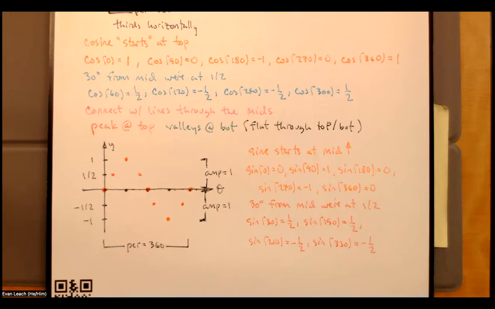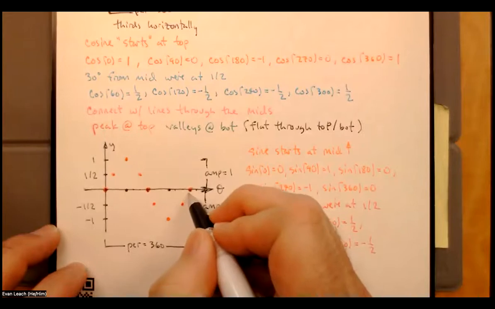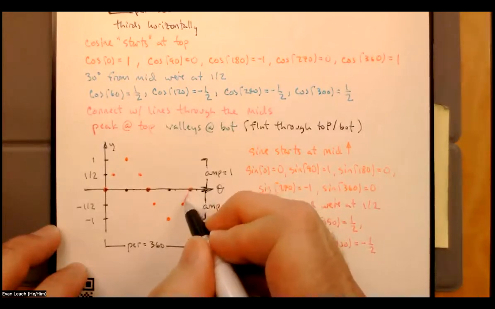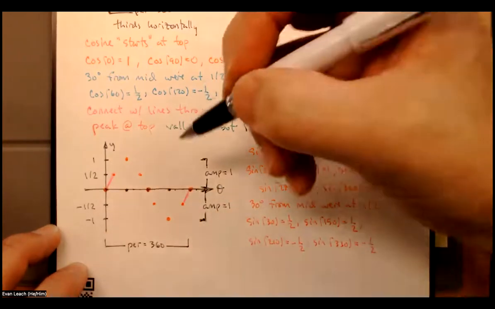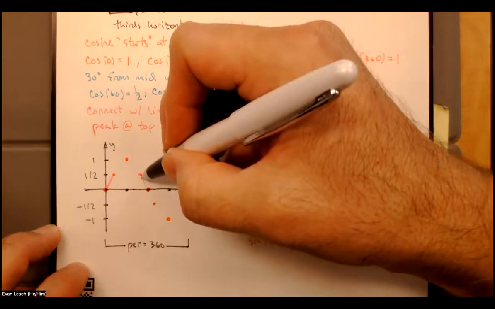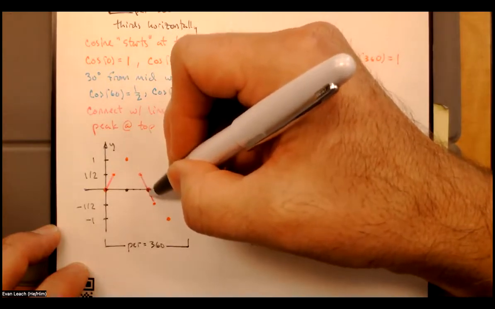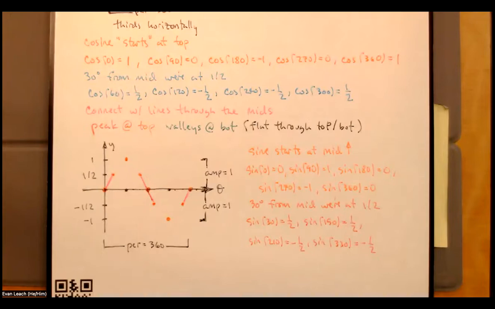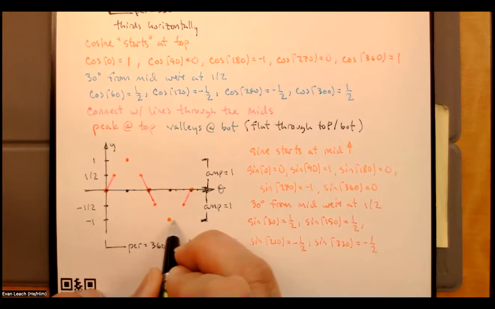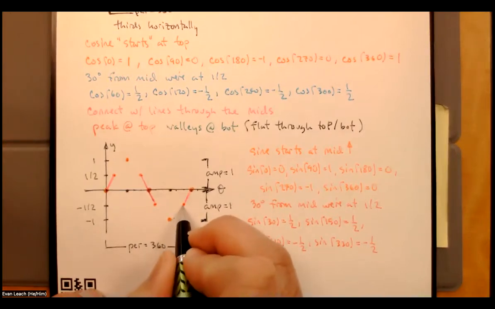Next, we follow the same directions that we did for cosine. We're going to connect through the middle with just lines. Then we're going to attach our peaks at the top and our valleys at the bottom, making sure they're flat. So the way we can aim is we think about moving flat, but then bending up to meet that line.